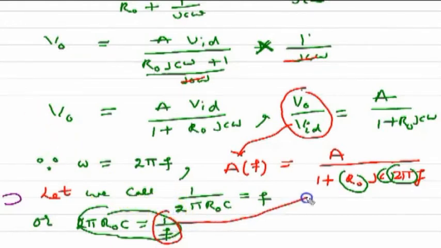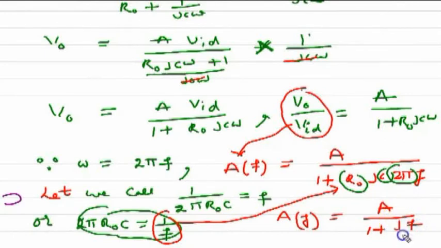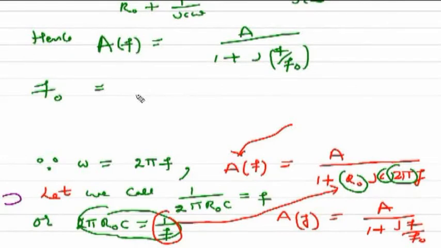Then A F becomes equal to A upon 1 plus j F upon F naught. This is the expression of the gain of the operational amplifier, which becomes a function of the frequency. So we are making the correction that the factor is not F but F naught. So it is again 1 over F naught.